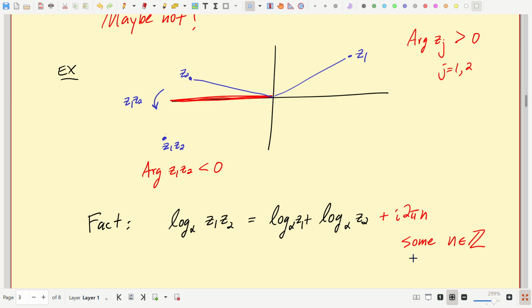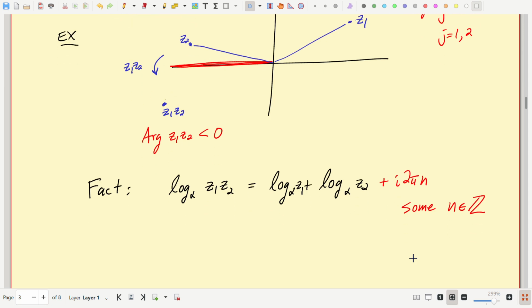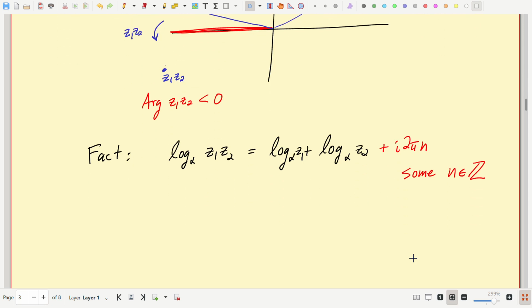In the book, you might notice the book writes something down, and here's what the book means. The book writes this in set notation, log of z1 z2, and this is a true thing as sets.